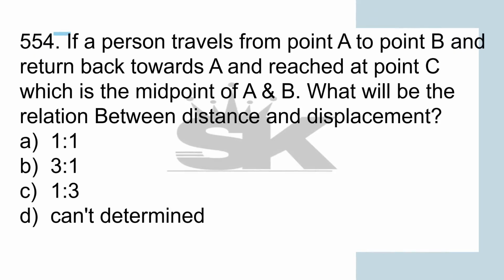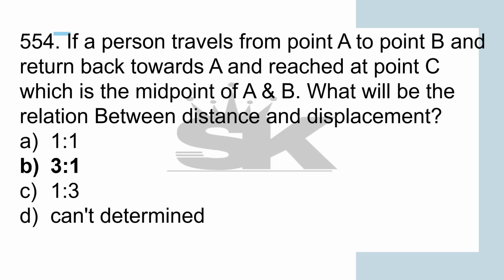If a person travels from point A to point B and returns back towards A and reaches at point C, which is the midpoint of A and B, what will be the relation between distance and displacement? The answer is 3 is to 1.